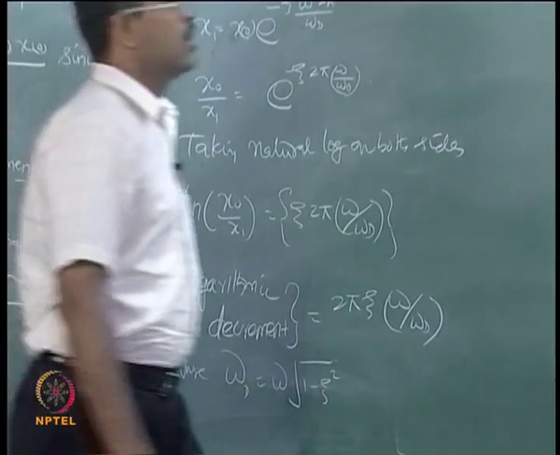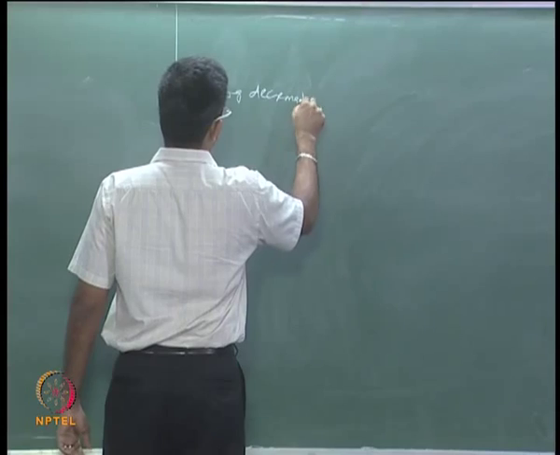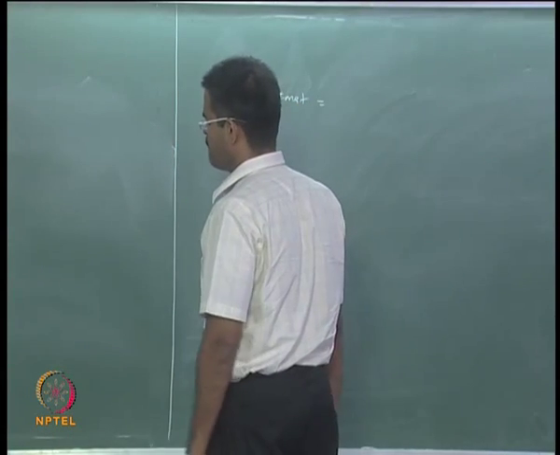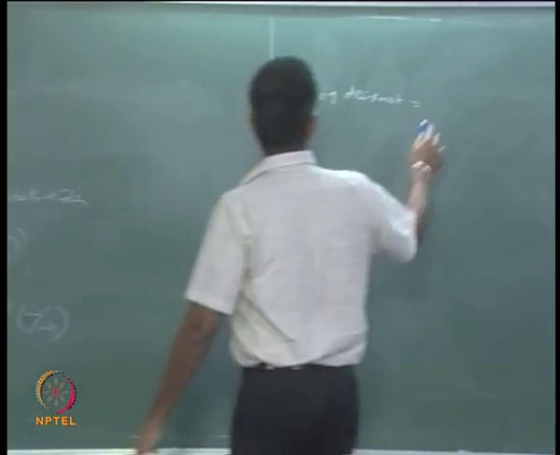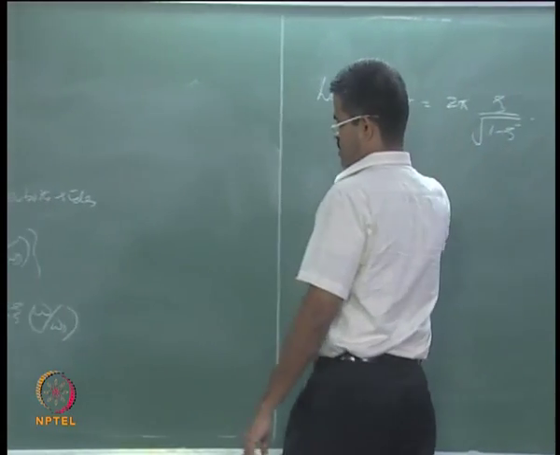Therefore, the logarithmic decrement, substituting here, is 2 pi zeta by the root of 1 minus zeta square.